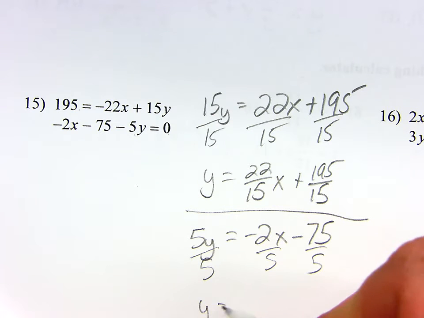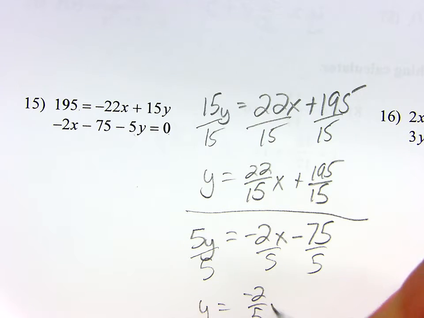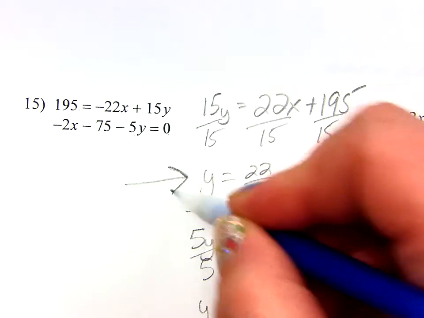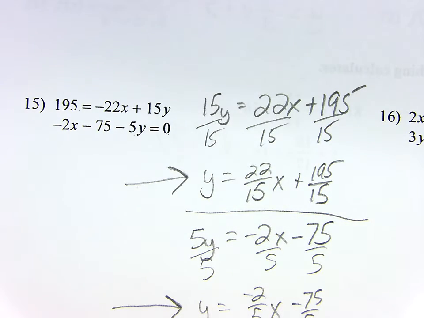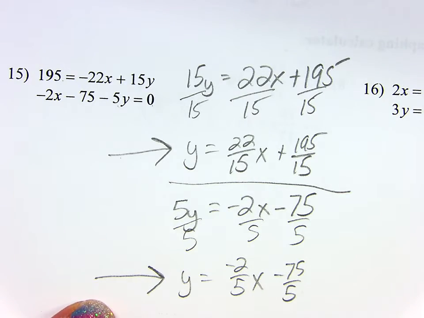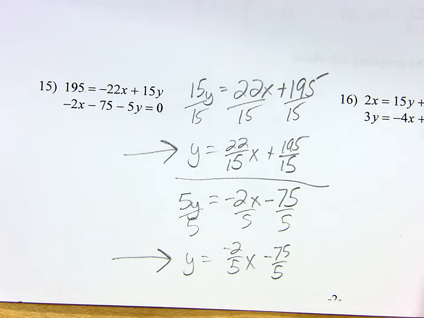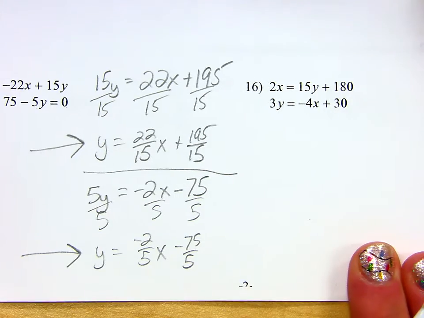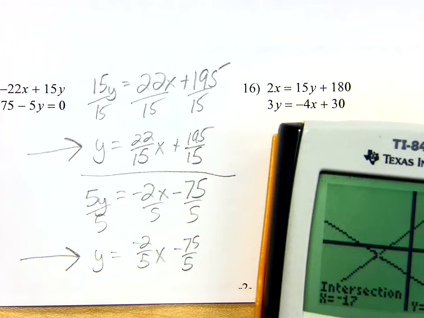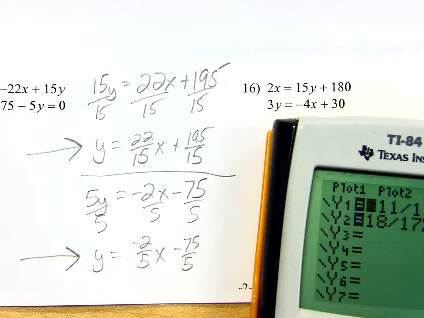That's it. So let the calculator handle the fractions. I'm not even going to simplify 75 over 5. Let the calculator do it. So there's my two equations. So no matter how bad they look, doesn't matter, because I don't have to deal with them, the calculator does. So go ahead and type those two in.